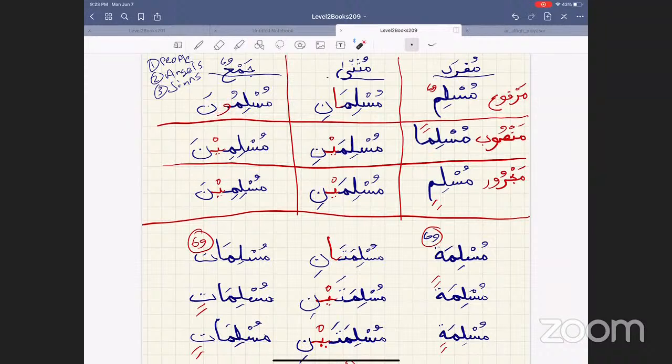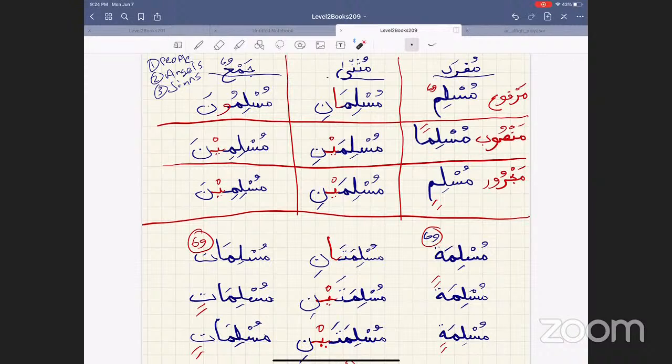If something comes and changes this plural word into mansub or majroor, both are the same. We change it to muslimina. And that ya there is alamatul nasb wa alamatul jar. It is the sign of the word being mansub or majroor according to the context. You know whether it's majroor or mansub by what it's doing in the sentence and what came before it.